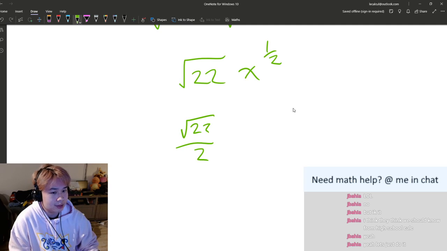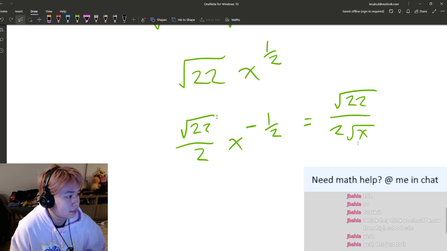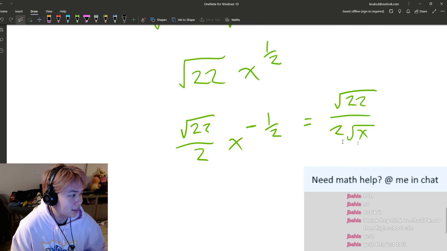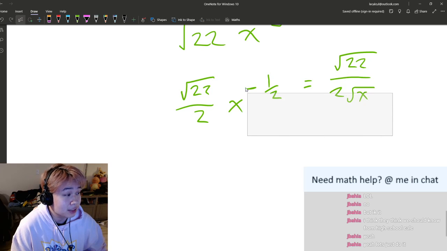So now it's root 22 over 2. And then this becomes subtract 1. So it's negative 1/2. And then you can just write this as root 22 over 2 root x or something. This is basic stuff. But I guess it's been like 2 years.